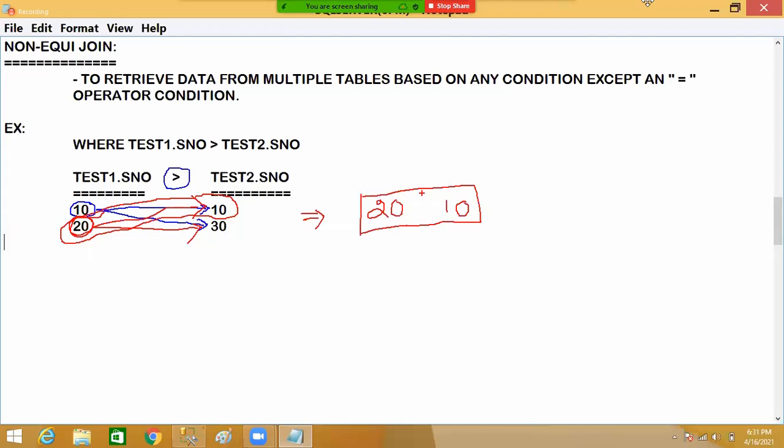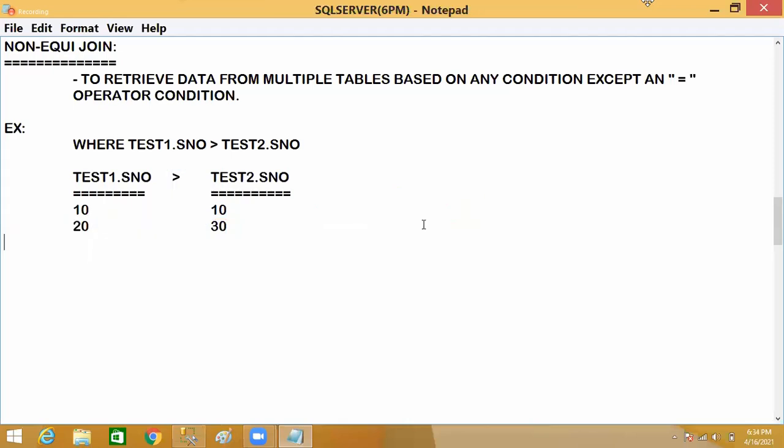That matching row is 20, 10. This is the only row that satisfied the given non-equi join condition in the query. This is one example of how comparison works to find the non-equi join condition.